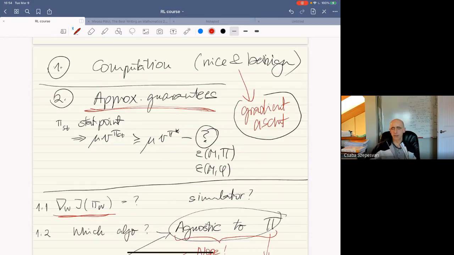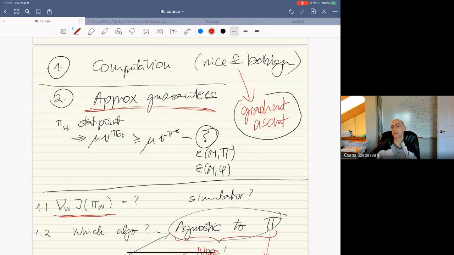What we had before for function approximation, we had varying degrees of results. For the positive results, we had to assume either that all action value functions are well represented with a small error, or that the state value function is linearly representable.